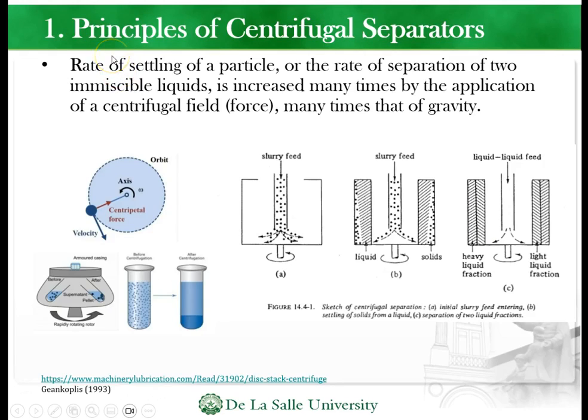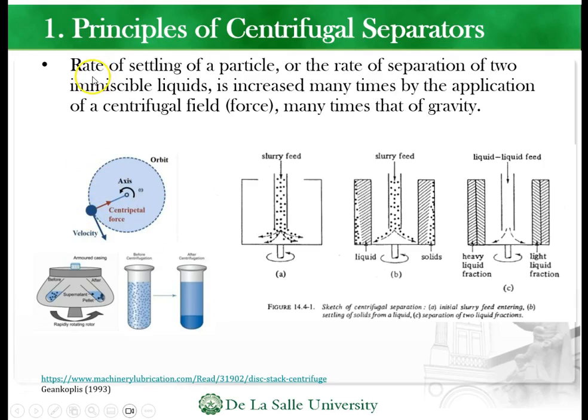Some of the principles of centrifugal separation, as I have said, you will apply rotational action. And then there's centripetal force, of course. What you'll notice is that the centripetal force is towards the center, and the velocity is always tangent and perpendicular to the centripetal force, tangent to the circumference of the circle.